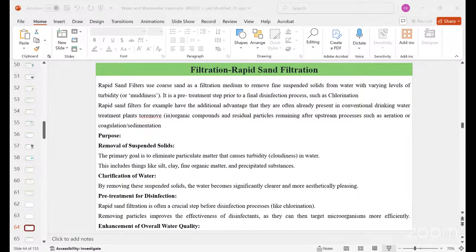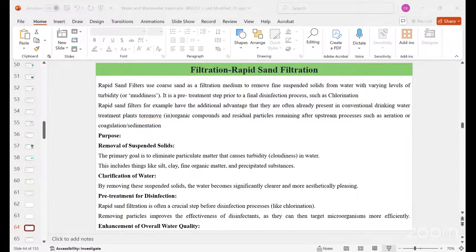And for the clarification of the water, by removing the suspended solids, the water becomes significantly clear and more aesthetically pleasing to the eye, because it is not turbid anymore. It is mainly used as a pre-treatment for disinfection.